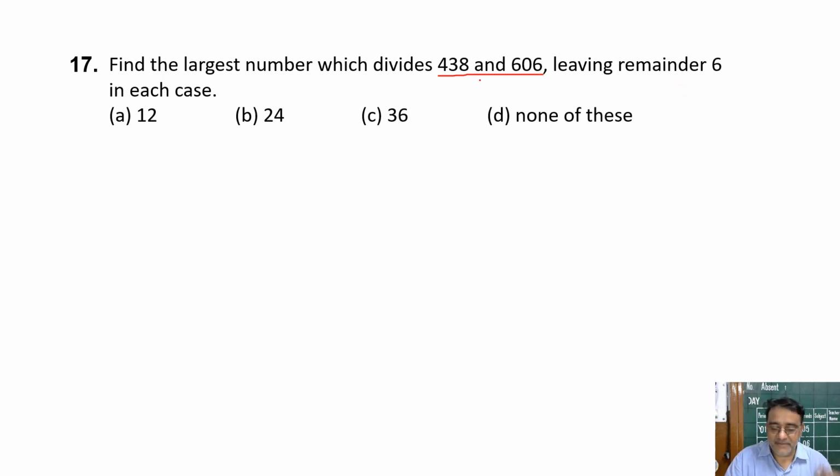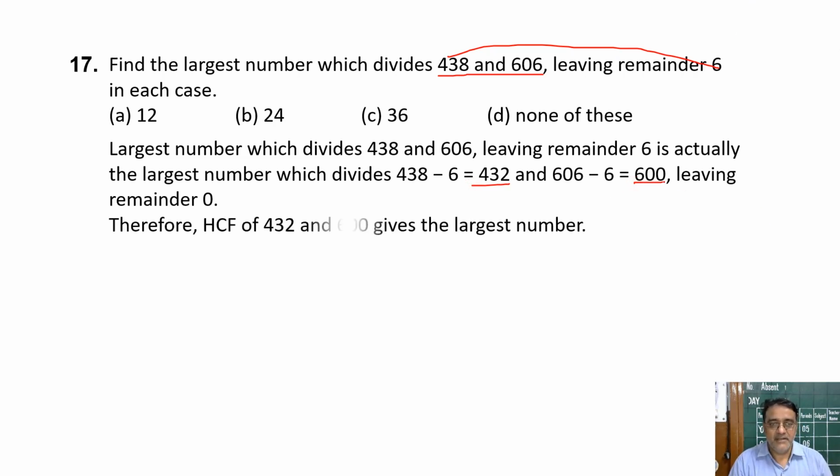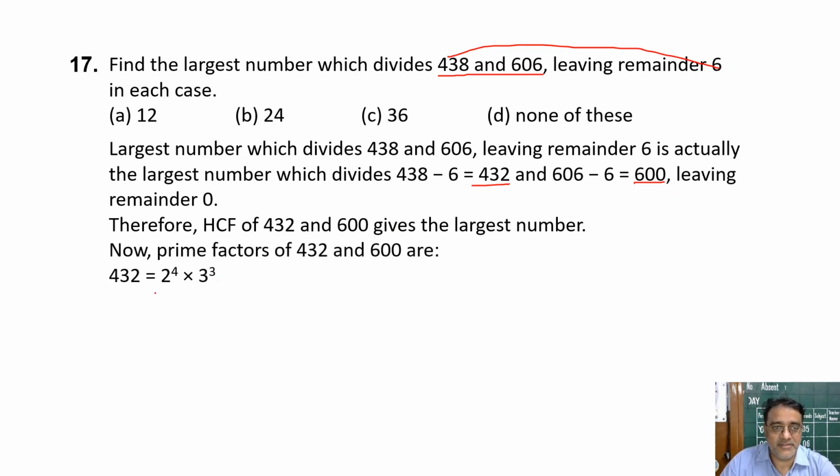So here we have to find HCF. So 438 minus 6, you will get 432, and 606 minus 6 you will get 600. So we are going to find the HCF of these two numbers. Okay? So the prime factorization for 432 is 2 to the power 4 into 3 to the power 3. 600 is 2 to the power 3 into 3 into 5 to the power 2.